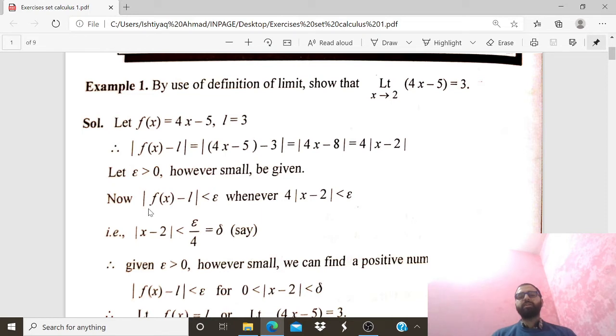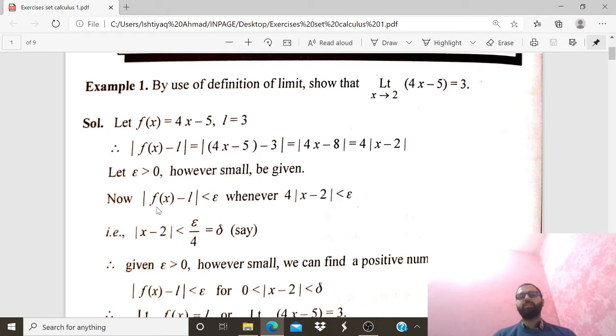As far as the definition goes, whenever this mod is less than epsilon, the delta that I get must depend on the epsilon, as is required by the definition.